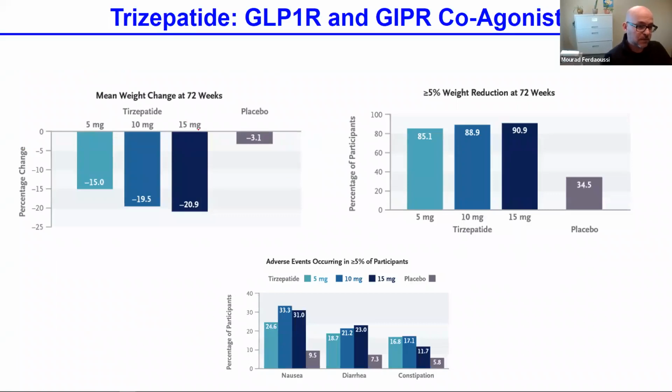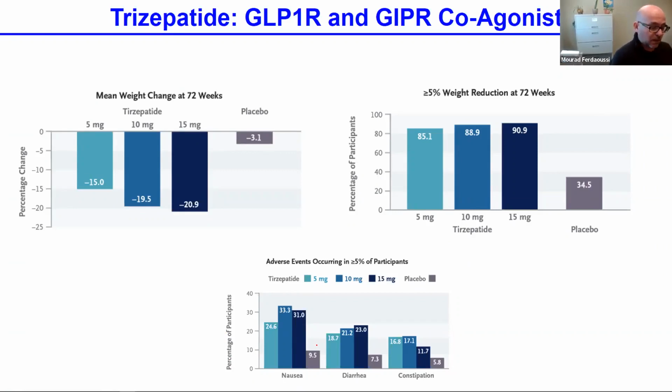The follow-up study was 72 weeks, and it is interesting to observe that people on tirzepatide have about 20 kilograms reduction in their body weight, and about 90% of the patients treated with this co-agonist have at least 5% reduction in their body weight. This is a very important observation, but the side effects of these incretin hormones are that they can cause nausea, diarrhea, and constipation.